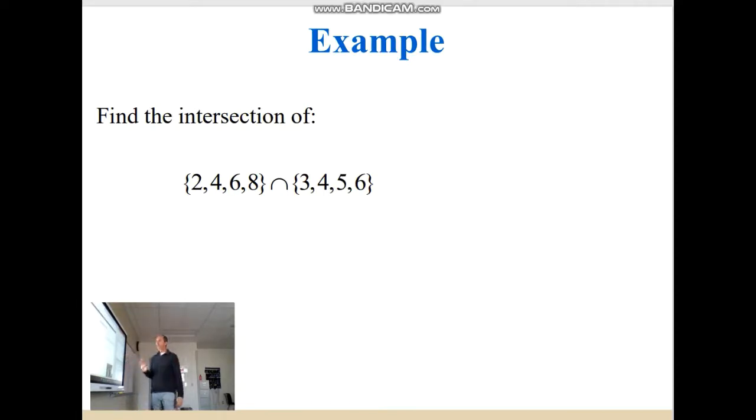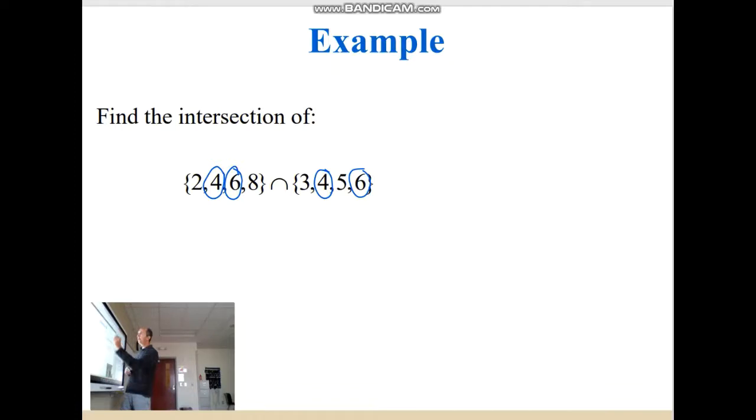Very simple example here, find the intersection of the set 2, 4, 6 and 8 and the set 3, 4, 5 and 6. We have to find the set of numbers that belong to both, that are common to both sets. So we can see here that 4 is common to both, and we can see here that 6 is common to both sets, and that's about it, right?